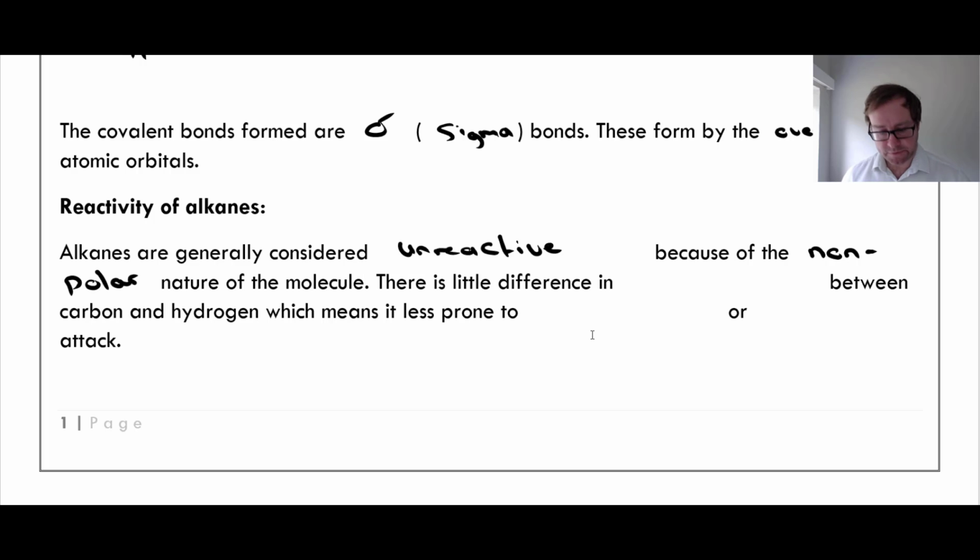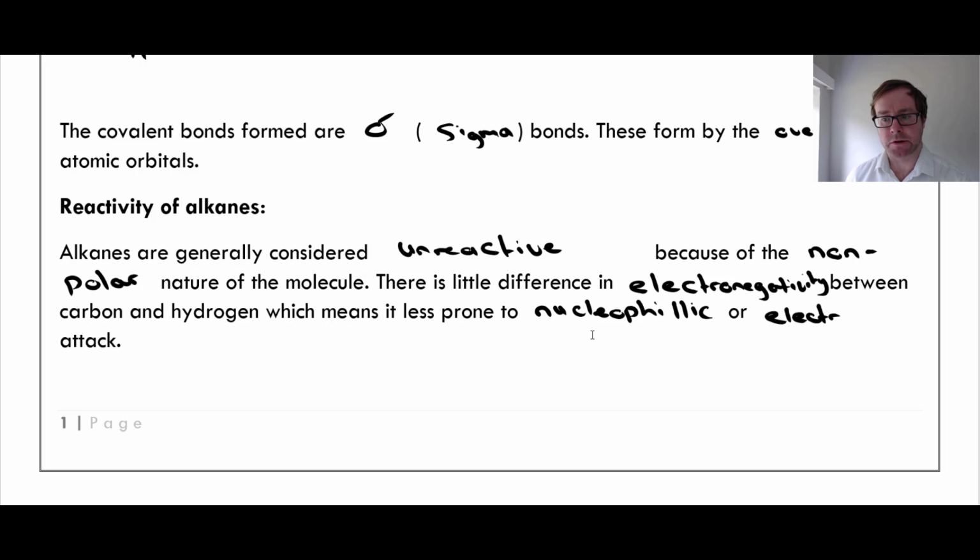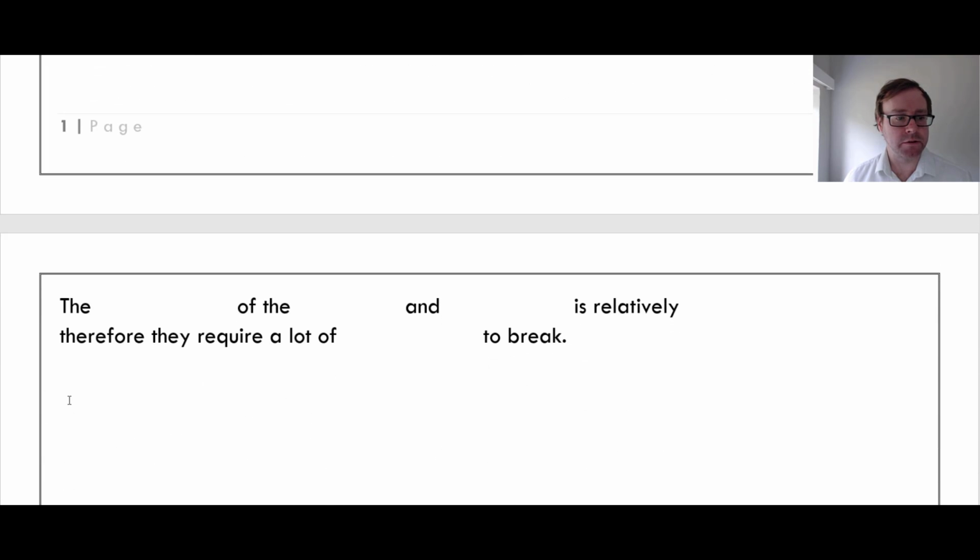There is little difference in electronegativity between carbon and hydrogen, which means it is less prone to nucleophilic or electrophilic attack. Again, I don't want to go into too much detail here because it will start to become more obvious as we continue through the course.